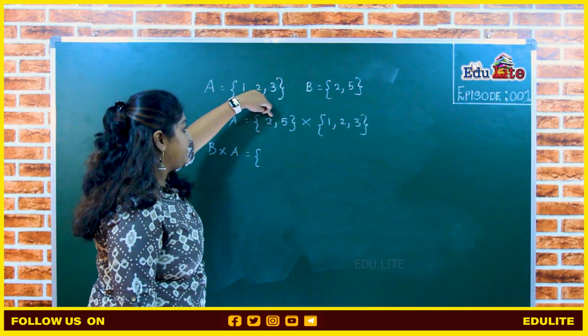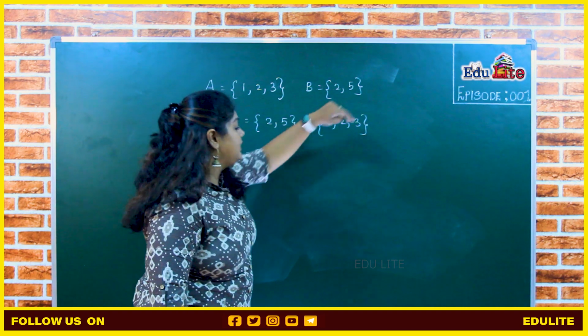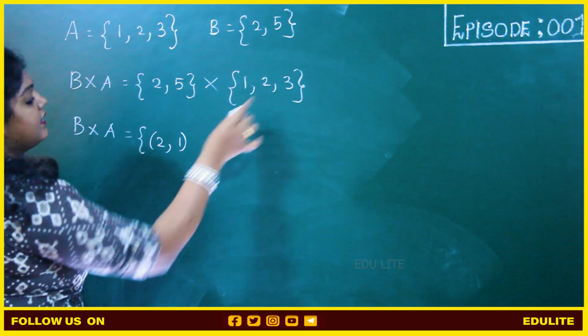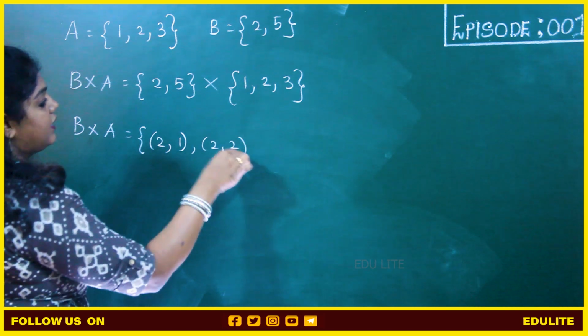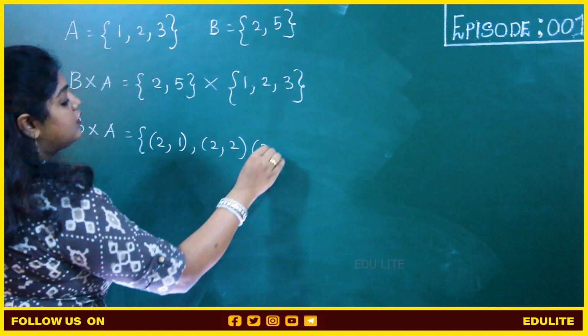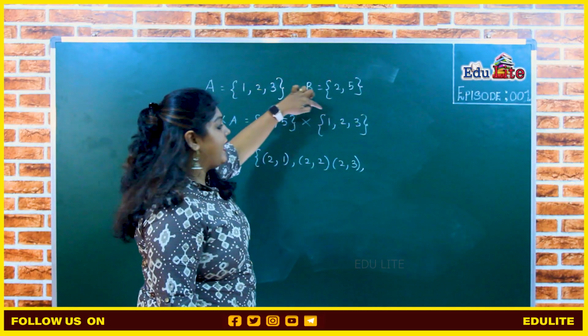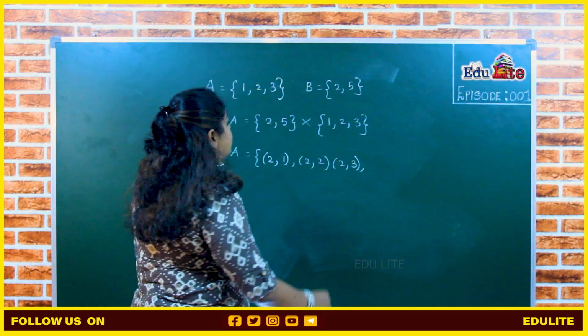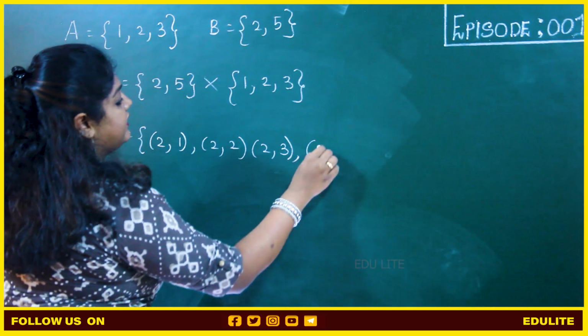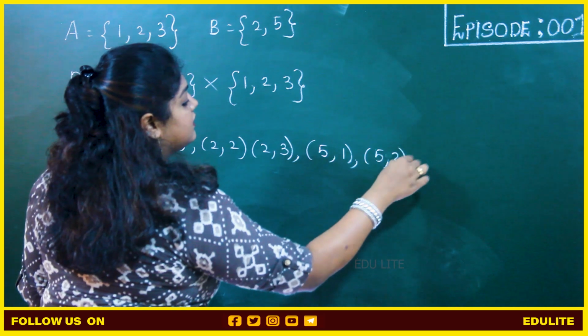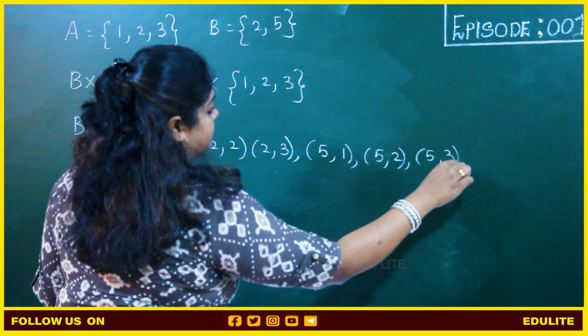Take an element from B, pair it with all the elements in A. So first will be (2, 1), second will be (2, 2), third will be (2, 3), and the next element 5 has to be paired with all the 3 elements in the A set. So it can be done as (5, 1), (5, 2), (5, 3).